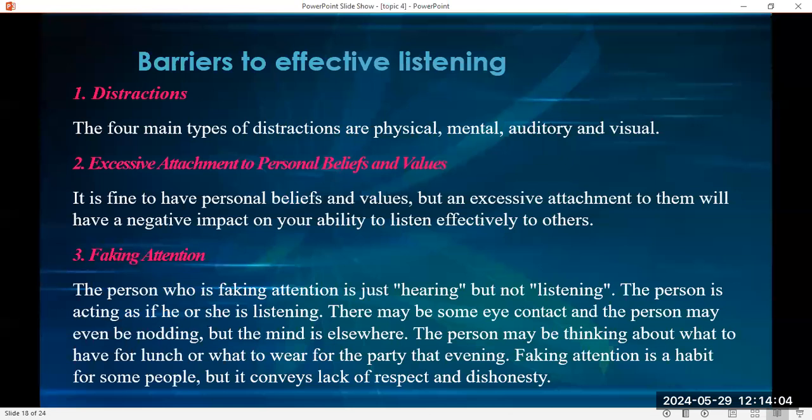Like Christians, sometimes some Christians, not all of them, if you tell them something about their church, they are so much attached to that church, they can even fight you concerning it. So much attached that even when you're trying to show them the point, they can't see the point. They don't even want to listen. Some will tell you, if you are telling me about my church, I will not listen to you.